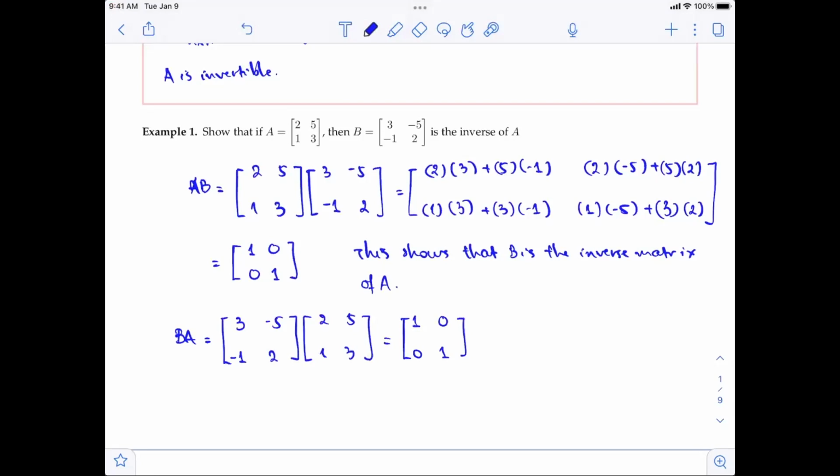So in this example, A and B are inverses of one another.